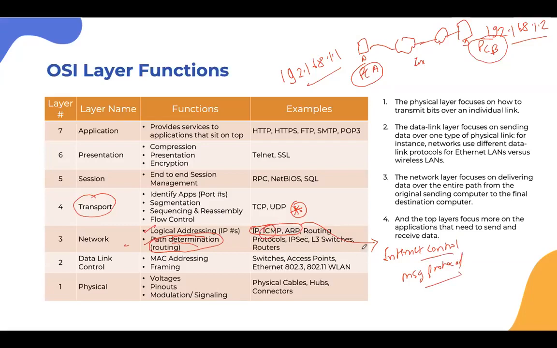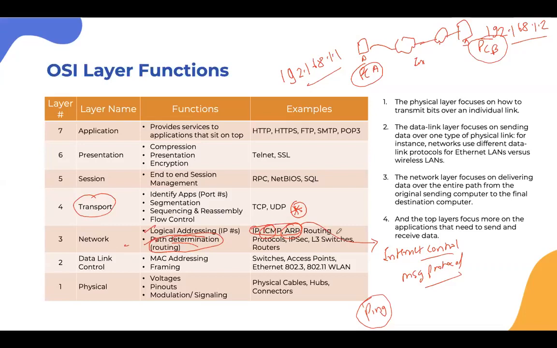We will do something on this very soon. But to understand, it's a protocol that works at layer 3 and it helps you ping systems. So you can send a test ping or a test packet from PCA to PCB. You can do a lot of diagnostics and troubleshooting with the ICMP protocol. So that protocol lives on layer 3. ARP is another protocol called Address Resolution Protocol. It lives on layer 3 as well.